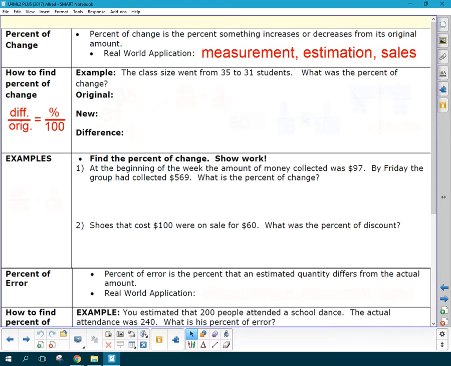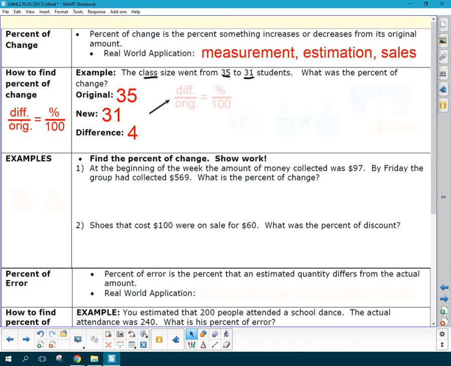But instead of putting the part over the whole, we're going to put the difference in the amounts over the original amount, because that tells us how much an amount changed from where it started. For example, if a class went from 35 to 31 students, the original amount was 35 and now there's 31, so the difference is 4.